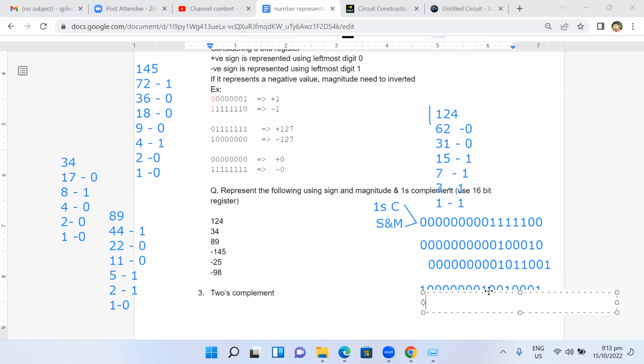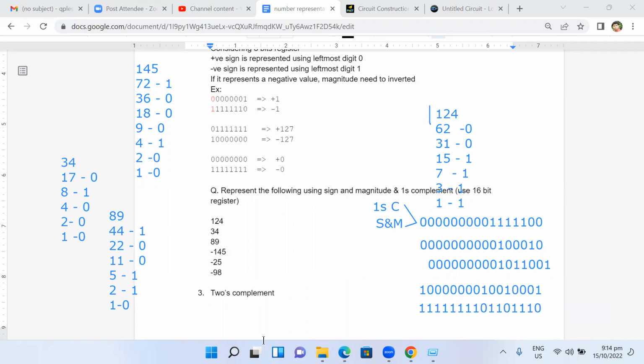So what is the one's complement of minus 145? You have to write it like this: 1, the sign remains as it is, then 1 1 1 1 1 and so on up to 16 digits. So this is how you have to write the number, right? This is the difference.